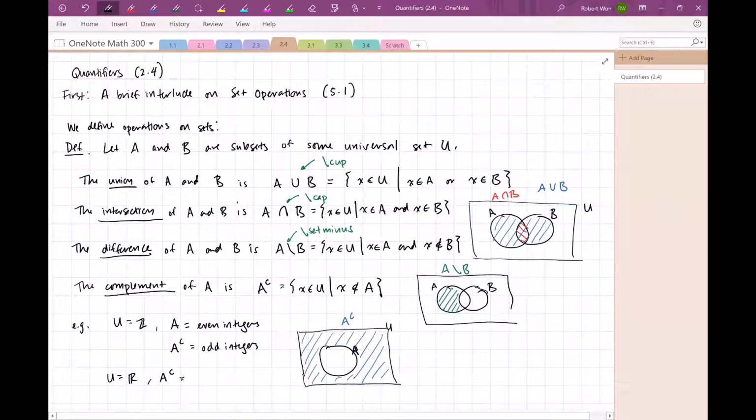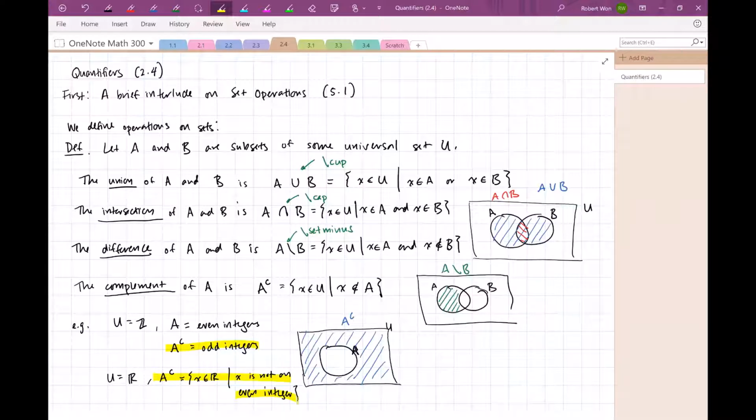So this is the set of all x in R such that x is not an even integer. My point is that these two sets are different because the universal sets are different. So if there's going to be some ambiguity, you need to specify what the universal set is before you talk about complements. Otherwise, no one will know what you're talking about.